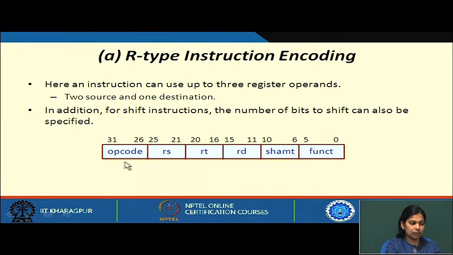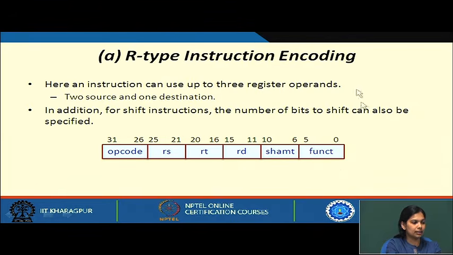In addition to the opcode and registers, for a shift instruction, the number of bits to shift can also be specified; this is the SHAMT field. Let us say you want to shift a particular value right by some positions; how many bit positions can be specified in the instruction itself. And for that opcode, the function is specified here.